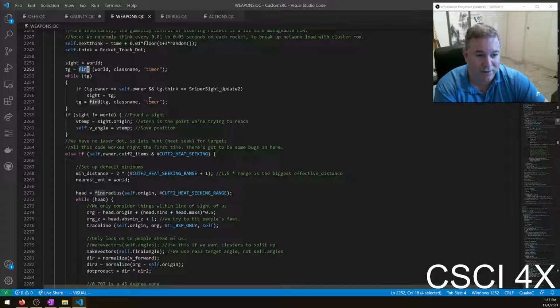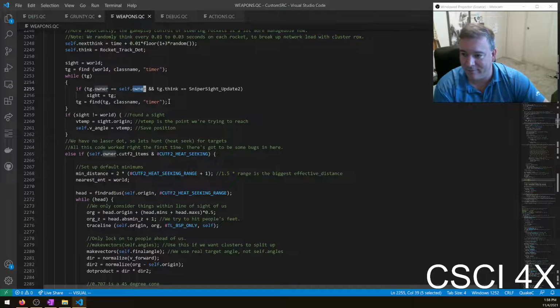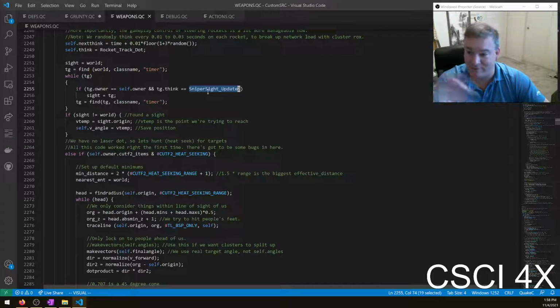Okay, so we call the find function, which I don't think we talked about actually. That might be good to add to our list. It finds everything in the world that is a timer, and it checks to see if that timer is owned by the player that shot me, and if its think function is sniper sight update 2. So that's the laser dot.